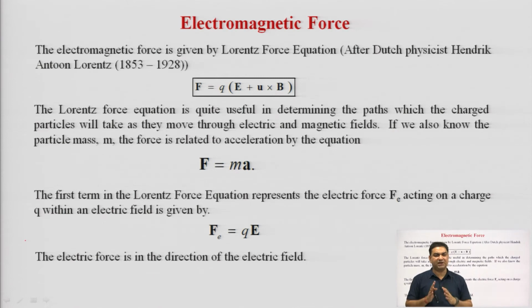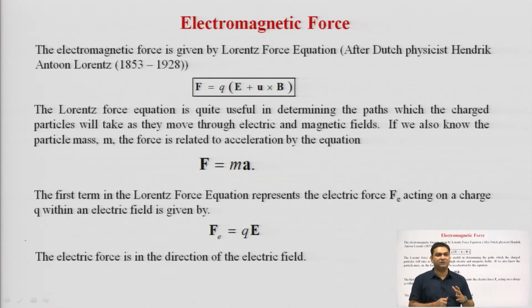Electromagnetic force means electric force and magnetic force, both working on a conducting element, and when both forces are acting, this force can be calculated as F is equal to Q in bracket E plus U cross B, where Q is the charge, E is the electric field intensity, U is the velocity of the charge, and B is the magnetic flux density.